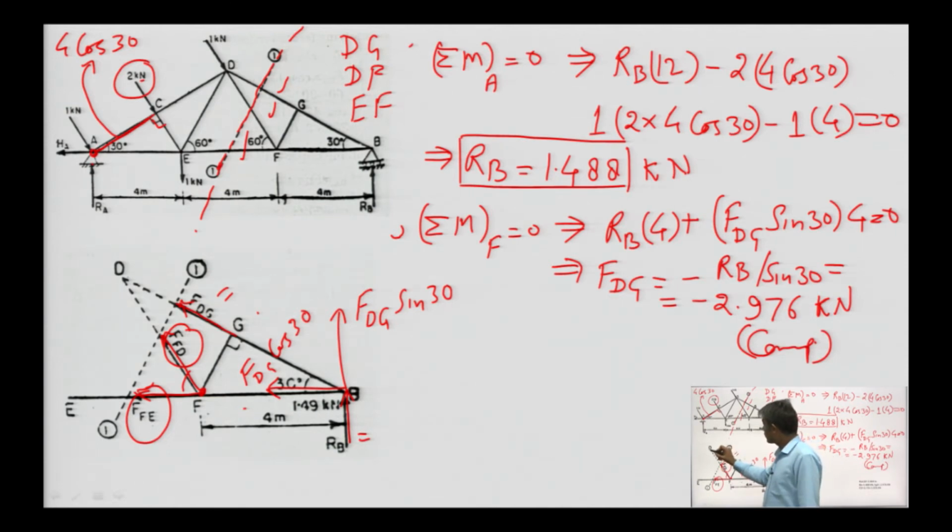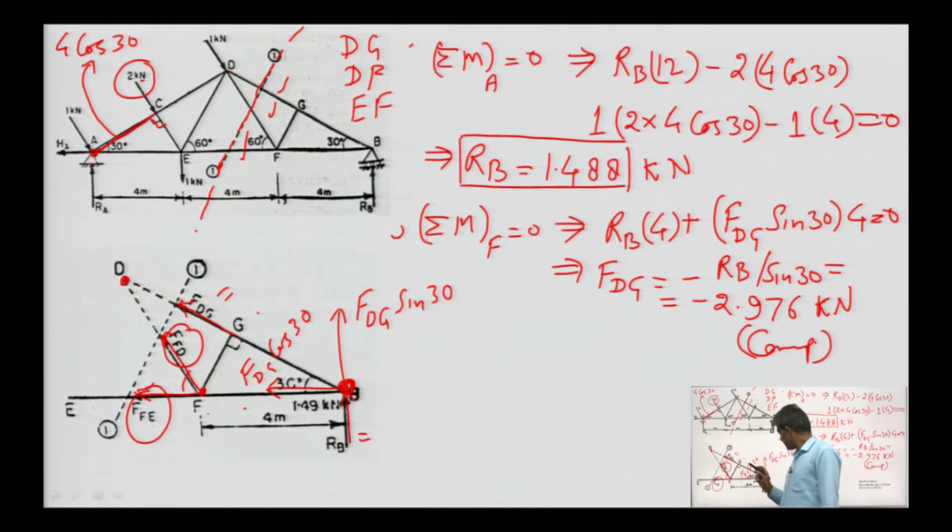If we apply the bending moment not at point D but at this point B, then this force F_E and force F_DG both pass through point B, that is why the perpendicular distance will be 0.